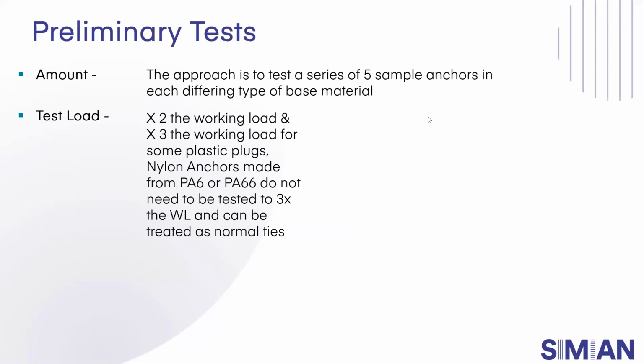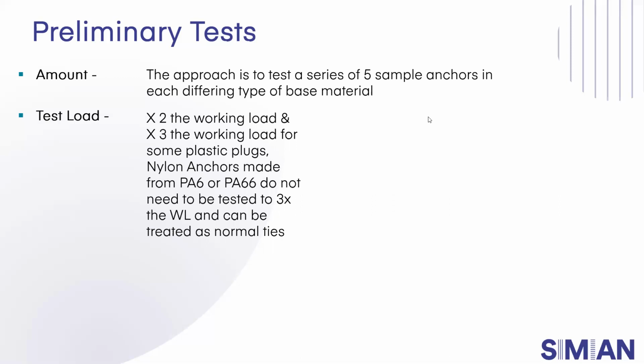Nylon anchors, so the nylon plugs that are made from PA6 or PA66, don't need to be tested to 3 times the working load. They can be treated as normal ties and just tested to 2 times. You would find what your plugs are made out of from the manufacturer's data. So the manufacturer's instructions will give you that information.